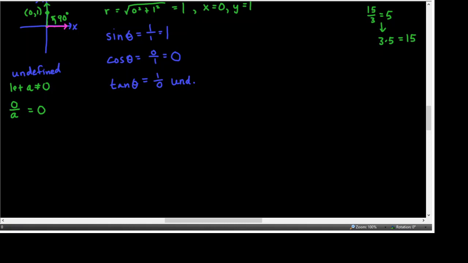So this answer implies that a times 0 is 0, which is true. Any non-zero number times 0 is 0. So that means that this 0 answer is correct. That's the only number that you could multiply by a that's not 0 to get the answer of 0.